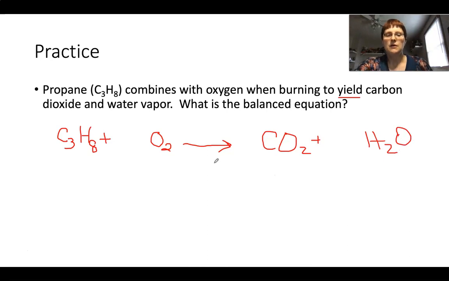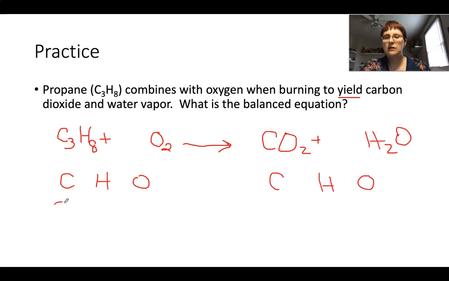Okay, so first thing to do, just like before, is inventory what we have on each side. So we know we have carbons, hydrogens, and oxygens on both sides. So we just need to total them up.